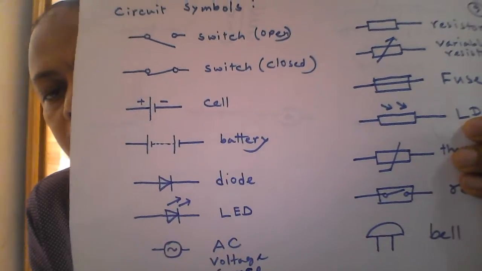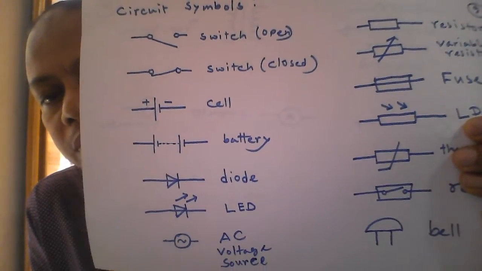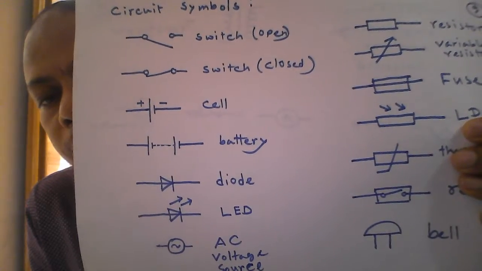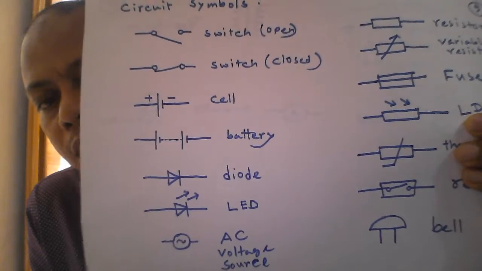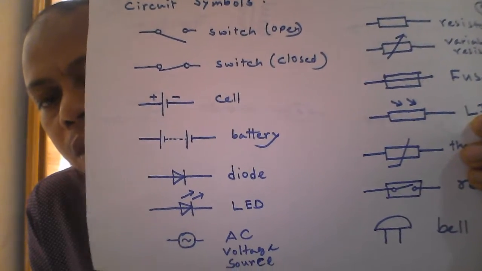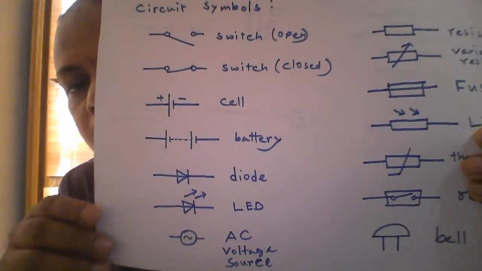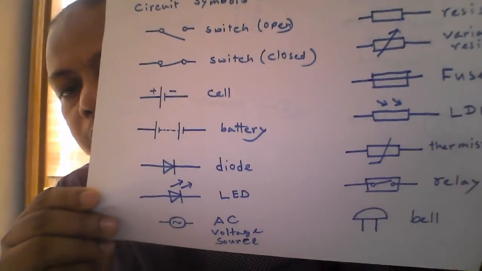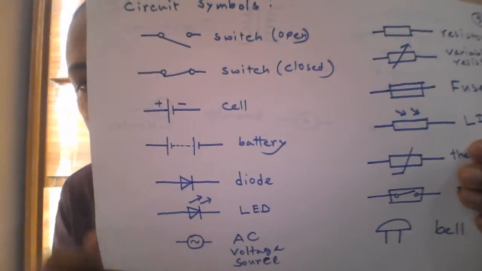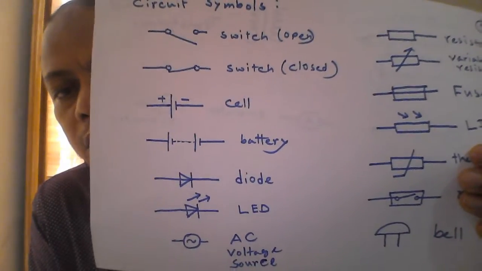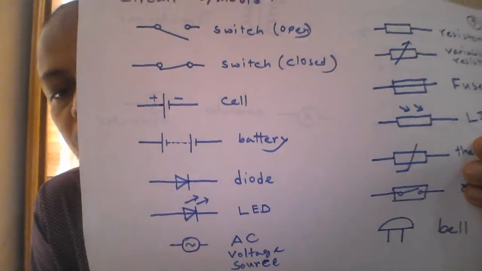LED means light emitting diode. So it is one kind of diode, and you see above the symbol diode we drew here two arrows so that we can understand that it is light emitting diode. This type of diode emits light when current flows through them.